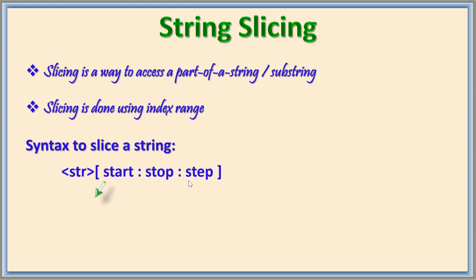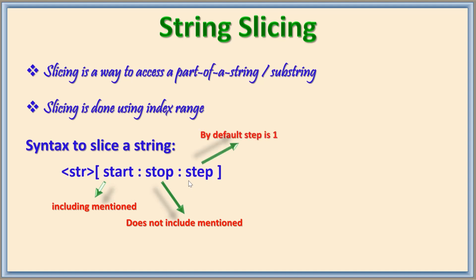Here please note, the start includes the mentioned number, but the stop is not included. That means the mentioned number is not included. Previous to that, it stops. And the step by default is 1 when it is not given. Please note that start, stop and step are each separated using a colon. Let us see some examples now.